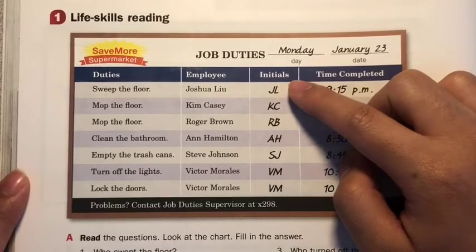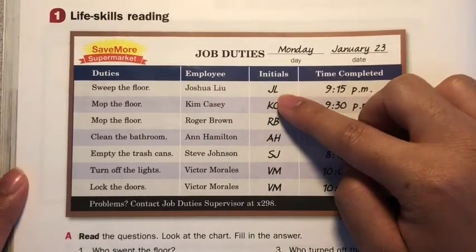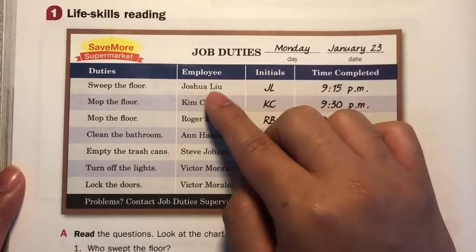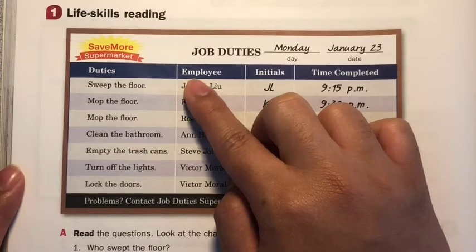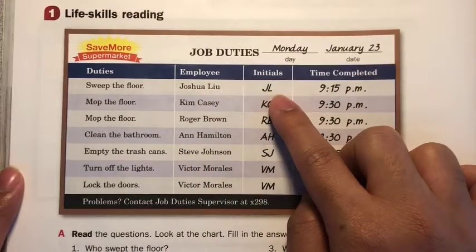Initials. Your initials are the first letters of your name, your first name and your last name. So this employee is Joshua Liu. So the first letters in his name are J and L. So his initials are JL.